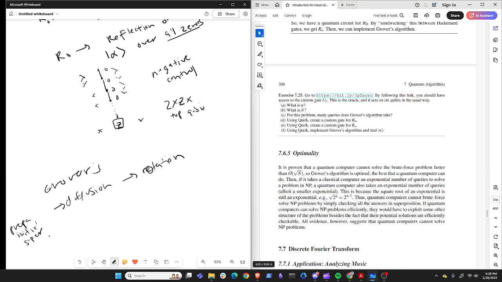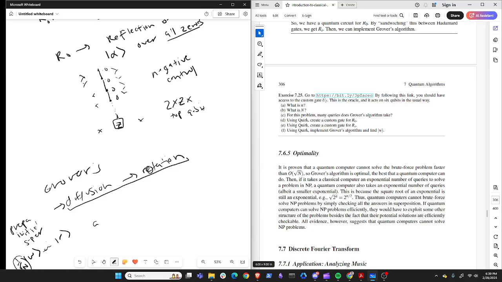We have state W, which has some probability of 1 over n, and then we have all the other states. Then through the dual action of diffusion and rotation, the reflection or rotation occurs, and we boost this amplitude.